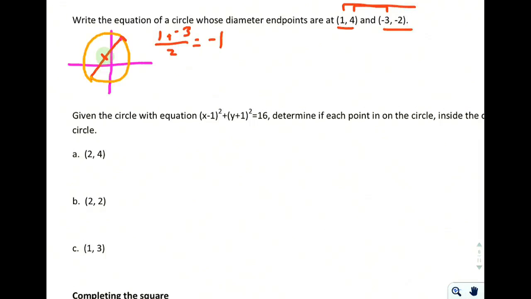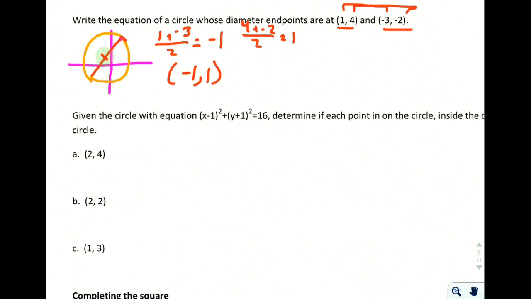And in the middle of 4 and -2, we have 4 plus -2 divided by 2, and that's 2 over 2, which is 1. So the center of our circle is -1, 1, and that matches up with exactly where it looks like it is on our picture, so that seems like a pretty reasonable guess.